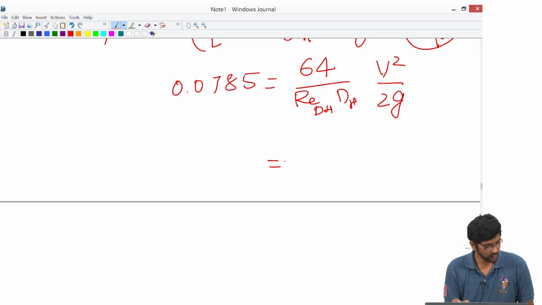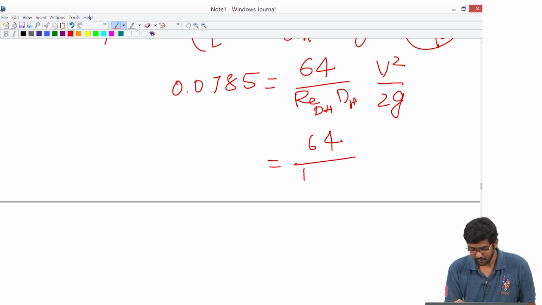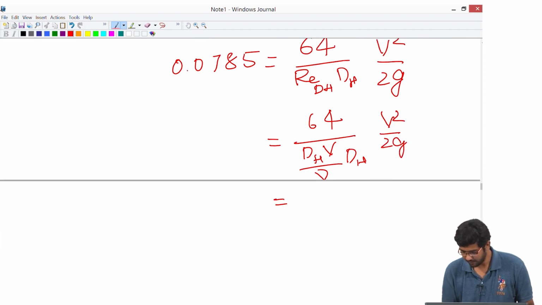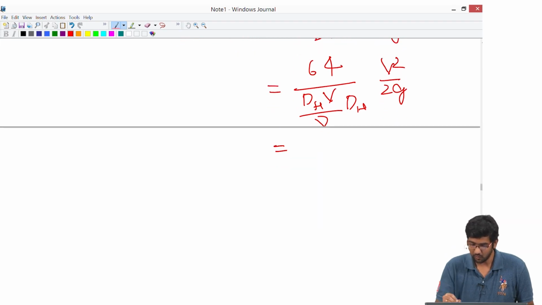So, if I substitute everything, 64 by dH velocity by kinematic viscosity into dH to V square by 2G. This V and this V get cancelled off and we end up with an equation.